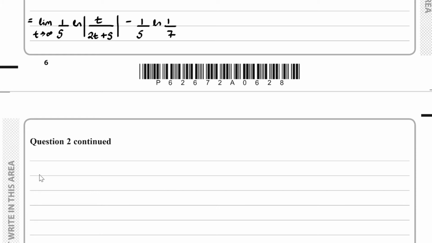So, here we've got the limit as t tends towards infinity of 1/5 times by the natural log of the mod of t over t, and on the bottom we've got 2t over t, and then we've also got this 5 and then we divide this by t as well.